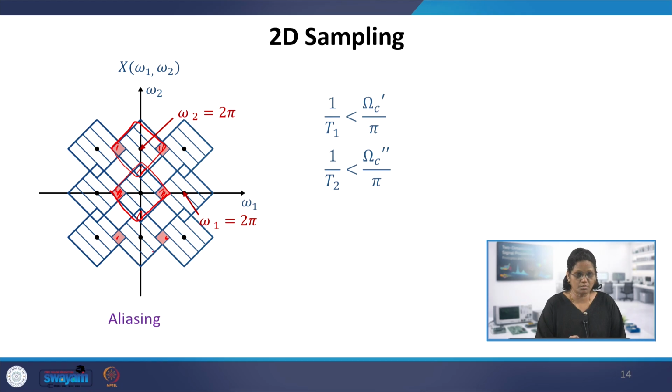Those are the aliased portions, which were separated in the previous figure. Now there is an overlap between these patterns. The overlap which is marked here is nothing but aliasing, because the sampling condition is not satisfied.